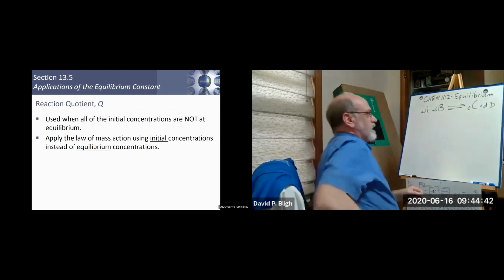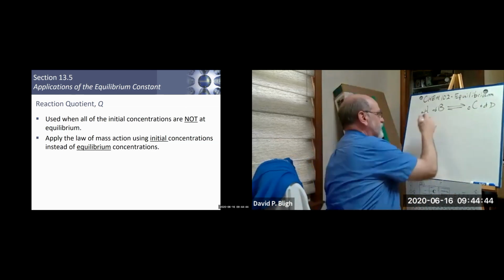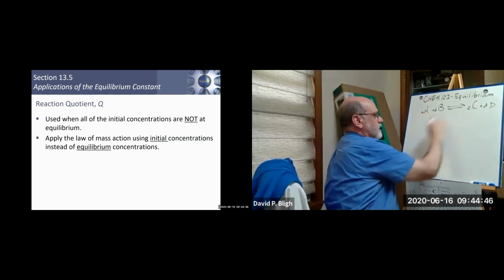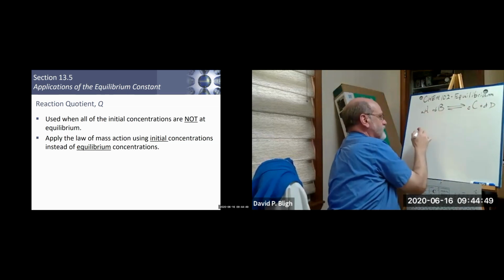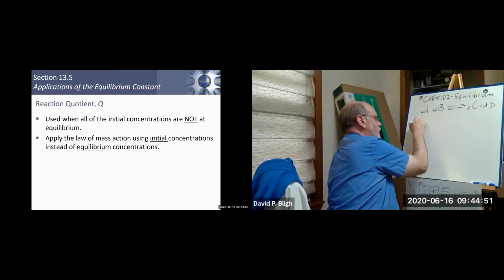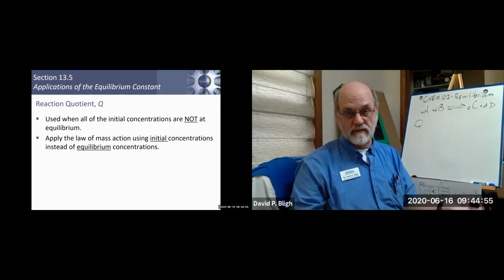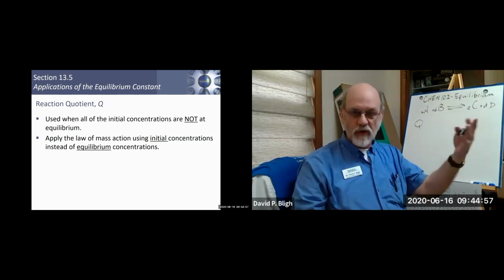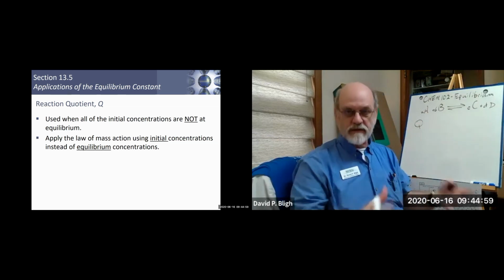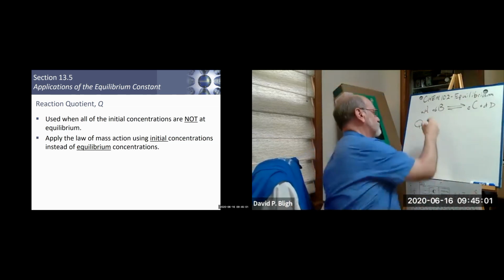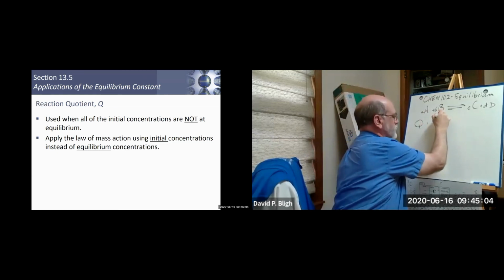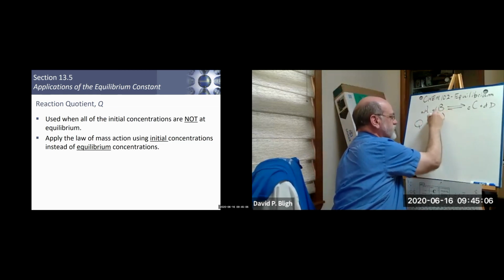Right? And we normally write the expression products over reactants, but for the Q, and Q just stands for quotient, right? That's what it is. A numerator divided by a denominator is a mathematical quotient. So if we do that, then we put it in parentheses.